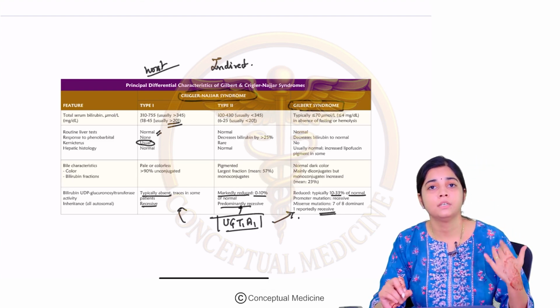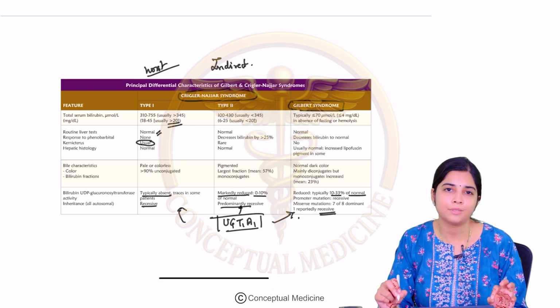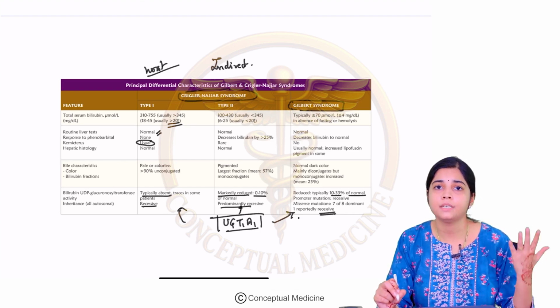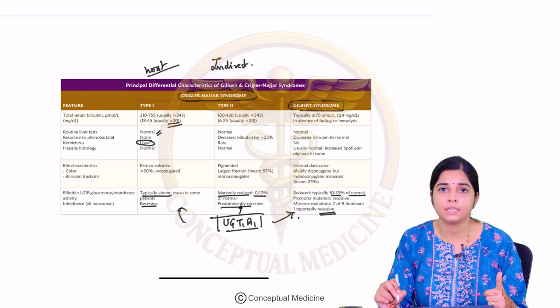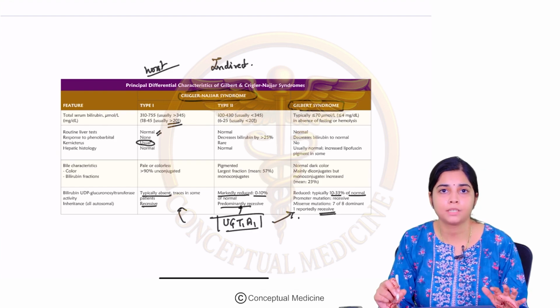It can present with neonatal jaundice, severe jaundice, and kernicterus. Kernicterus is when bilirubin crosses the blood-brain barrier and causes CNS damage, with long-term neurological side effects and developmental problems.